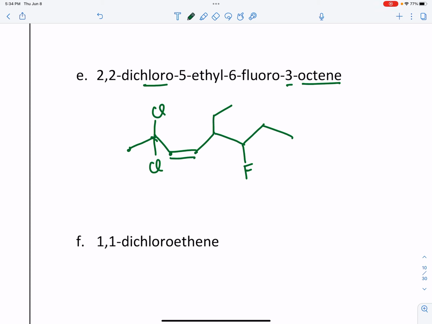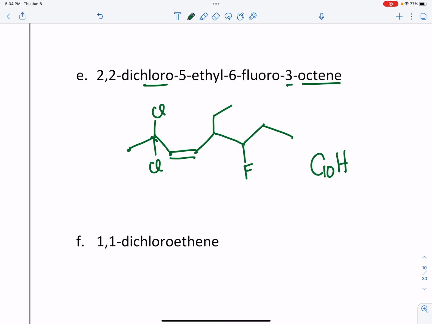What's its chemical formula? Now let's be careful about this because there's halogens in here. So octene has 8 carbons. The ethyl gives me 2 more. So there's 10 carbons in here. It's an alkene, so normally I would think it should have 20 hydrogens. But it's got 3 halogens, 2 chlorines and a fluorine.